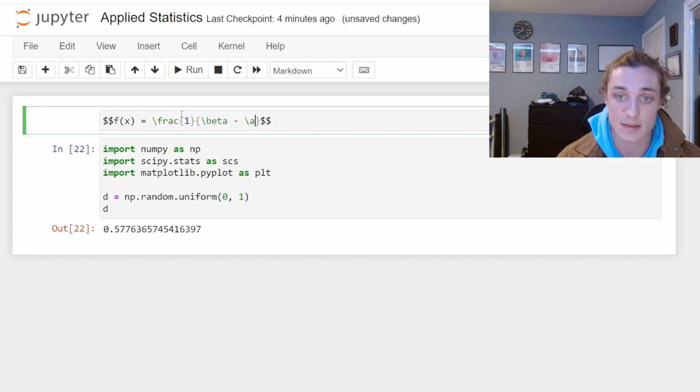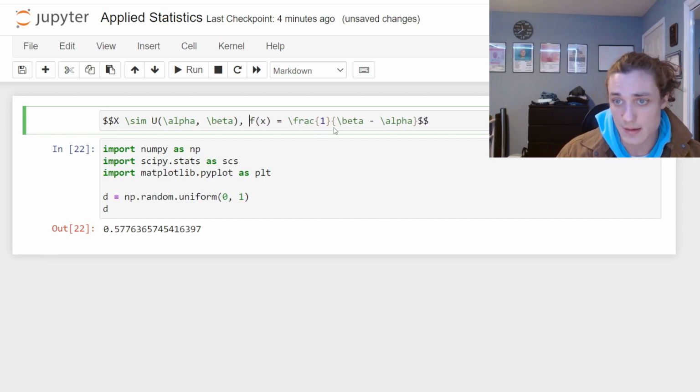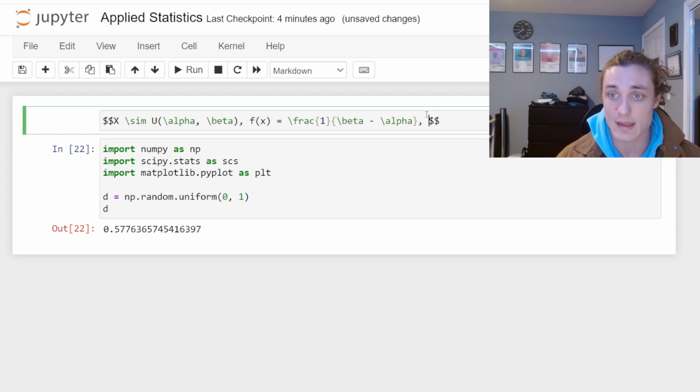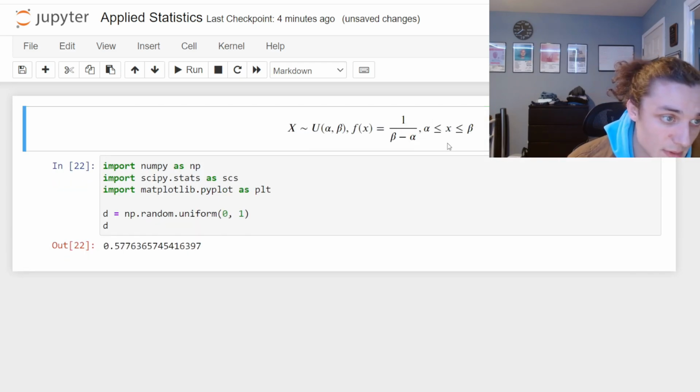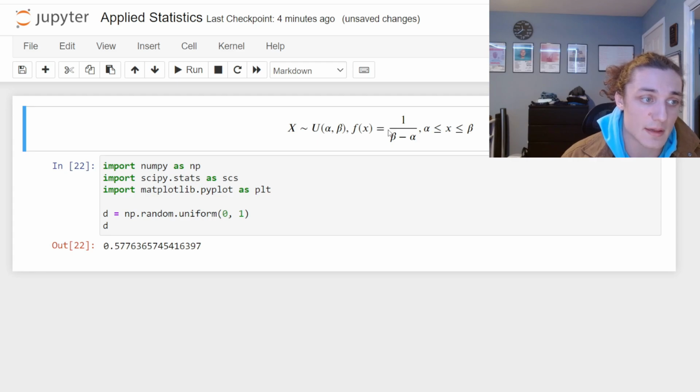So it's parameterized by alpha and beta, for x in the interval alpha to beta. So that is for any x that is between alpha and beta, so alpha less than or equal to x and then less than or equal to beta. Okay. And this is going to render on frame so you can see it here. And then it's going to be 0 elsewhere, anywhere else. Okay. This is a standard uniform distribution, so if we plug in 0 and 1, we would get 1, and that's for the entire case here.